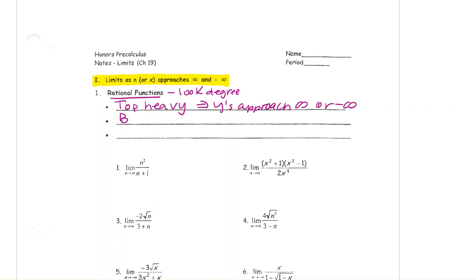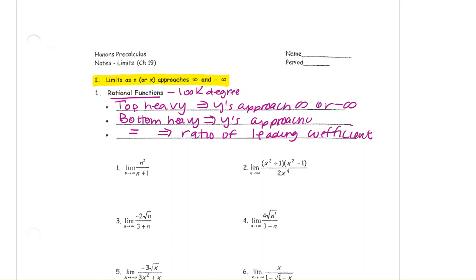If it's bottom heavy, then the y's approach 0. And y's are what the limit is, but they approach 0. And if they're equal in degree, then it's the ratio of the leading coefficients. Now this should all sound familiar because in addition to being something that we did in the sequences and series unit, it's also what you did when you tried to find horizontal asymptotes. So it's the same idea.